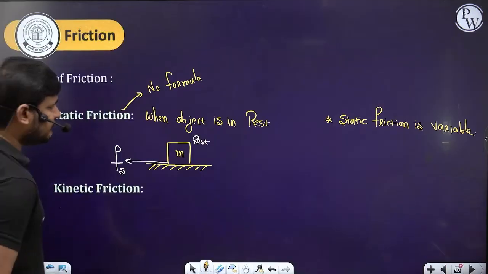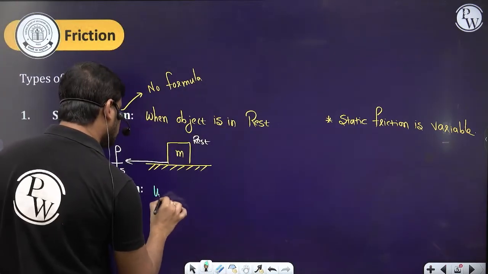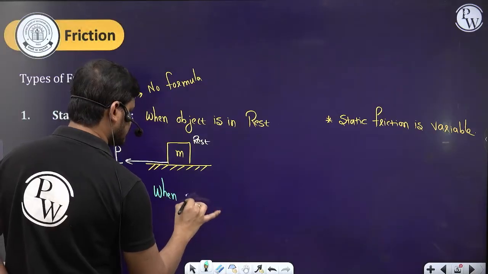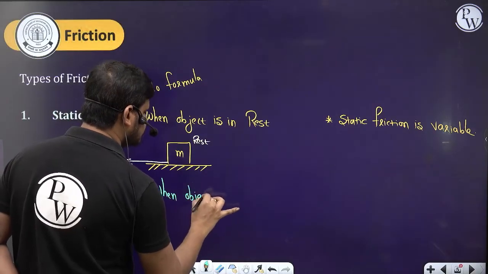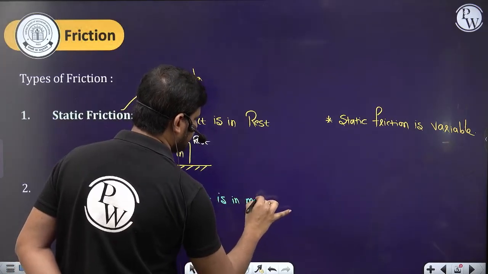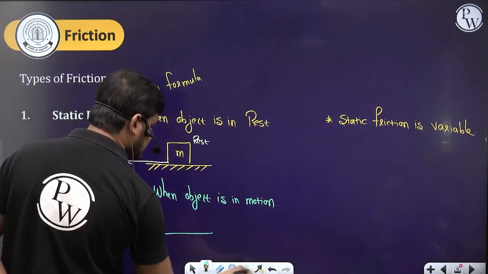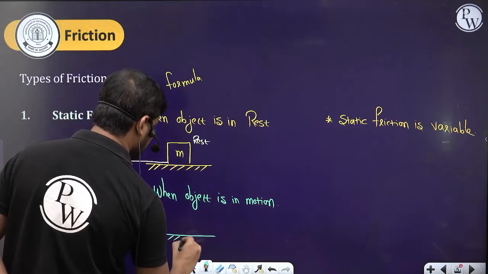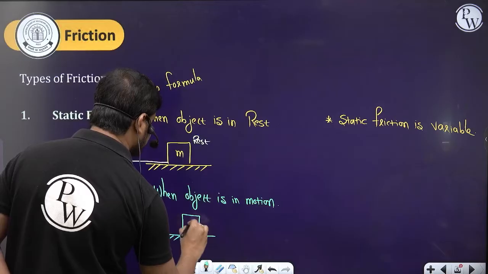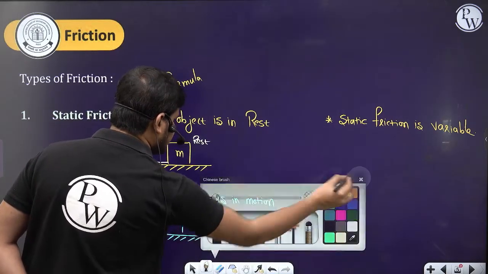Then kinetic friction. The kinetic friction acts on the body when the object is in motion. When the object is in motion, the frictional force that acts is kinetic friction. Let's suppose this is a rough surface. Now you applied the force F on this body, so that the body is accelerating to the right.